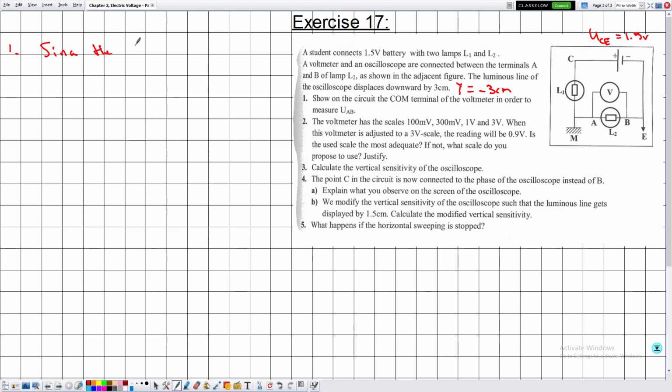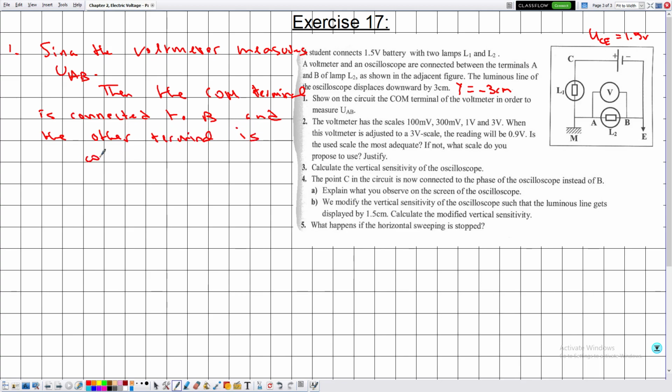Since the voltmeter measures UAB, then the COM terminal is connected to B, and the other terminal is connected to A. So in this case, this is the COM terminal.